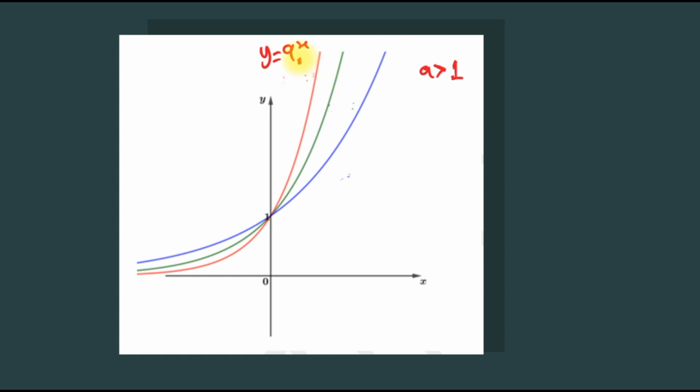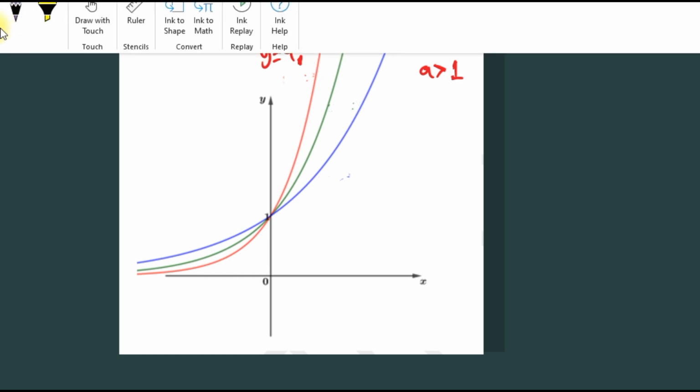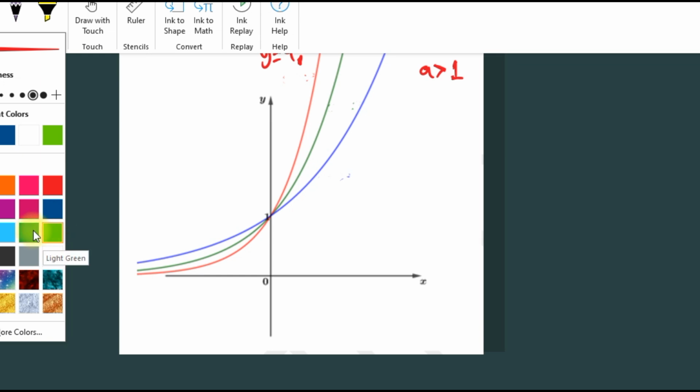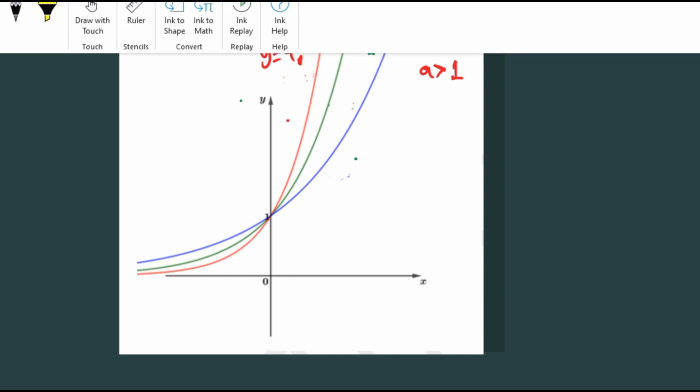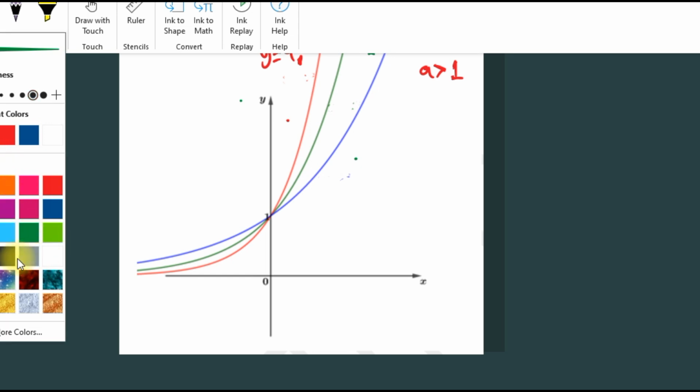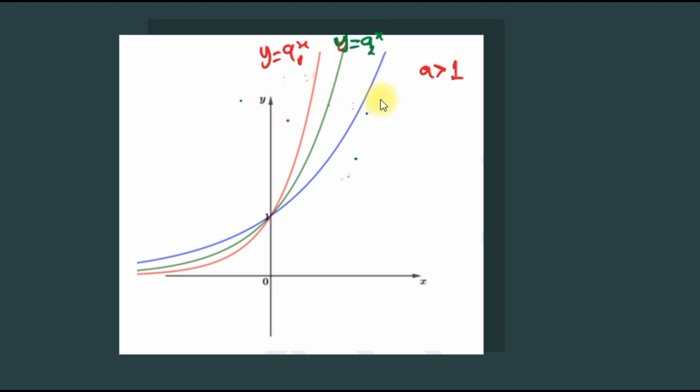Let's take a1, a subscript 1. The green one, let's take it as y equals a2 raised to power x. This one is y equals a3 raised to power x. In all cases, a is greater than 1.